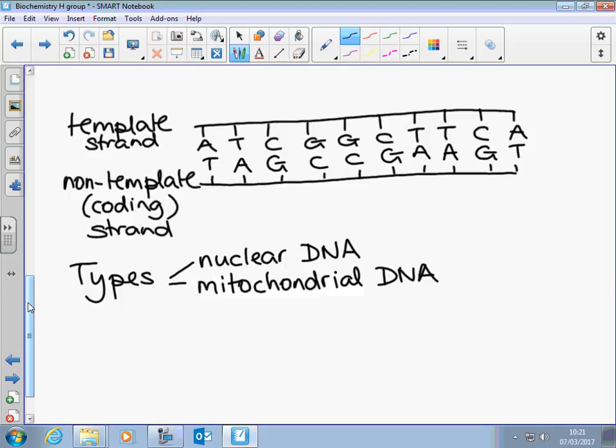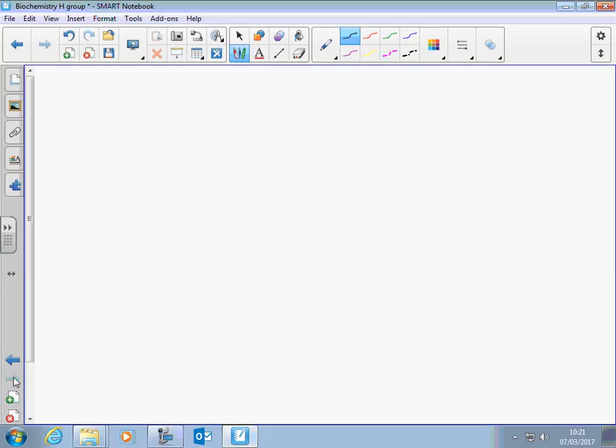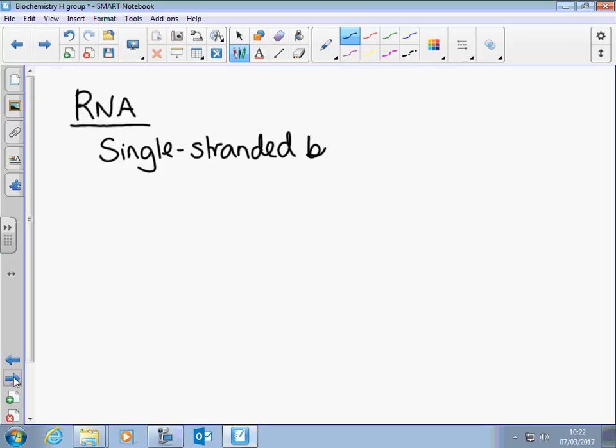RNA we are not going to say very much about at all. This is single-stranded, but it is sometimes folded. And remember, it's got a different sugar in it.